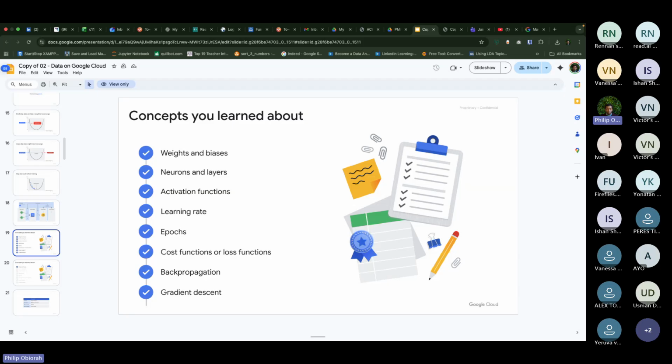So weights and bias is what the model learns, right? The model learns the weights and biases. These are adjusted during the model training. Neurons and layers are the structure of the model. You can make it complex, you can make it simple.